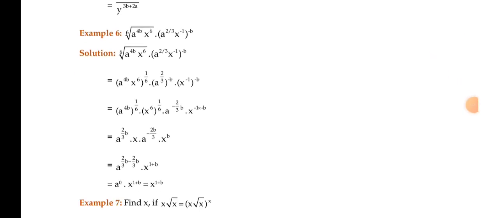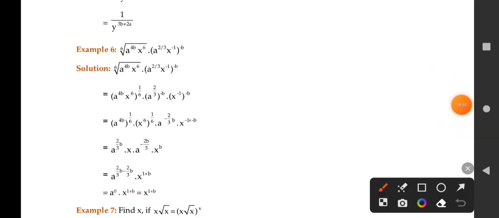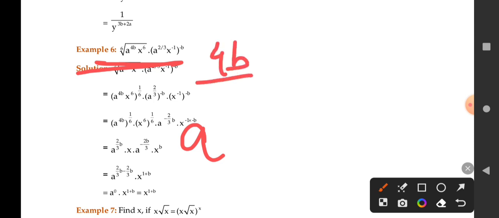Okay, let's see example 6. Simplify the equations. It is a good question. Sixth root means how are you going to write it? 1/6. So it is whole raised to 1/6. Let's directly simplify. A power 4b divided by 6, correct? And a power, in the next equation, we are going to directly divide it since it is minus b.